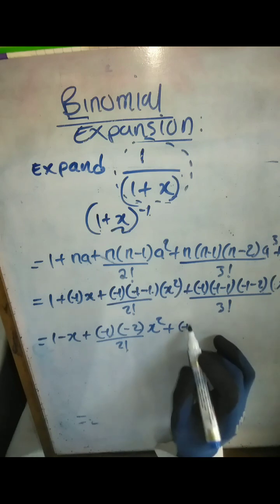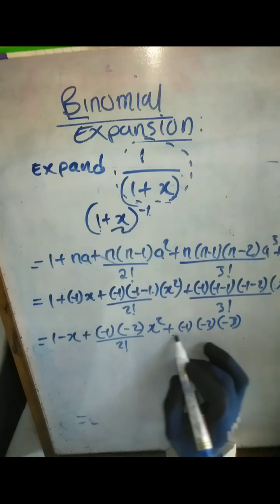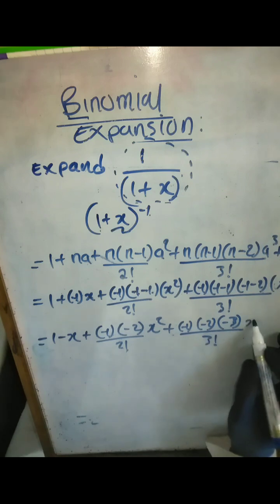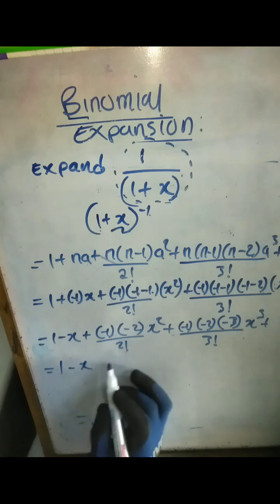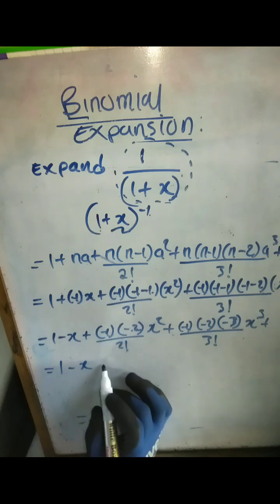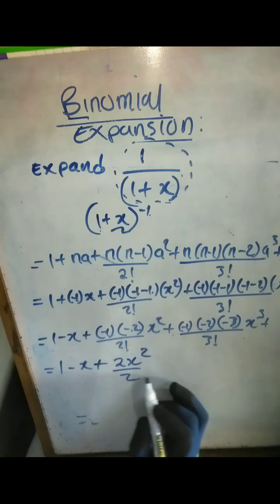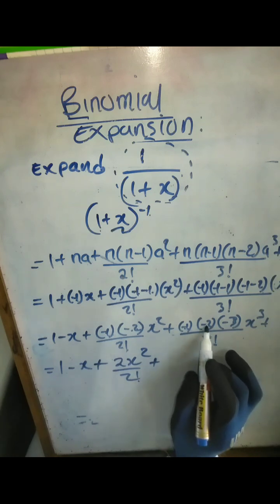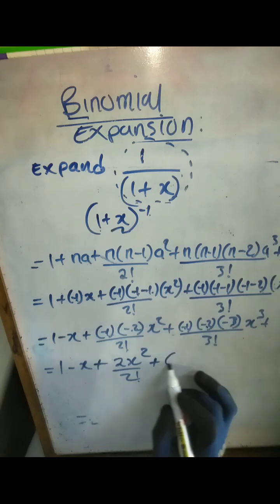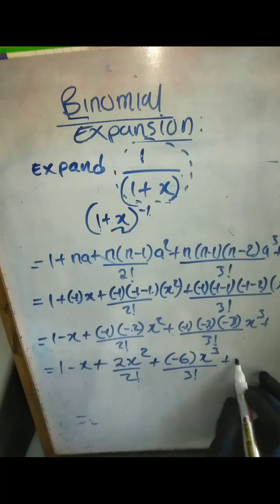If both are negative, you have to multiply the numbers, so negative times negative is positive 2, giving plus 2x squared over 2 factorial. Then negative 1 times negative 2 times negative 3 is negative 6, then x to the power 3 over 3 factorial, plus and so on.